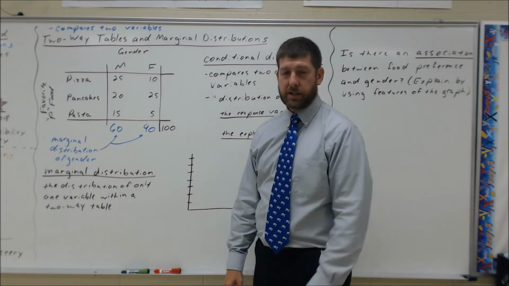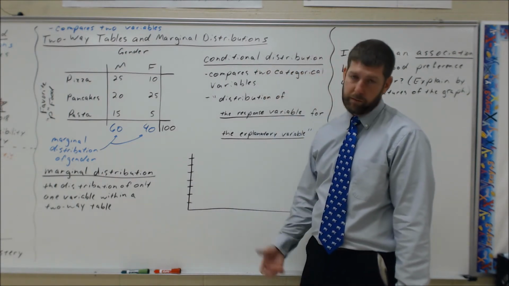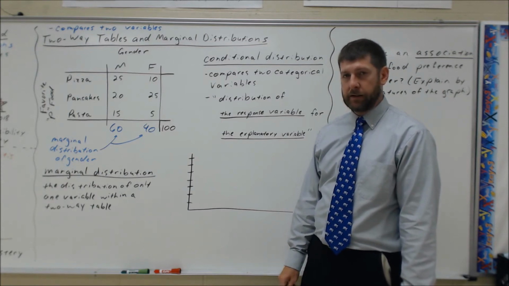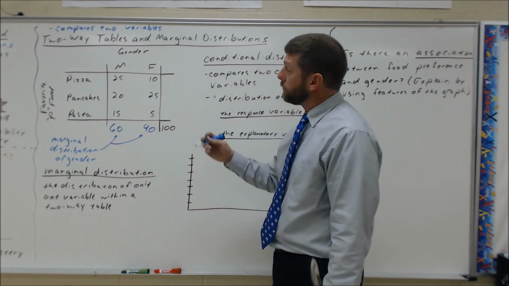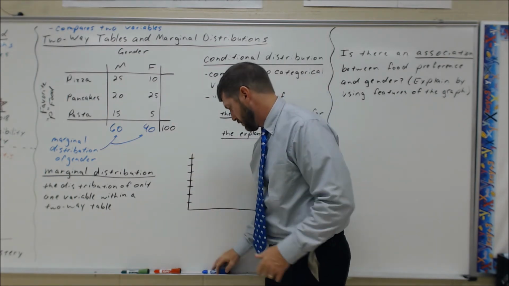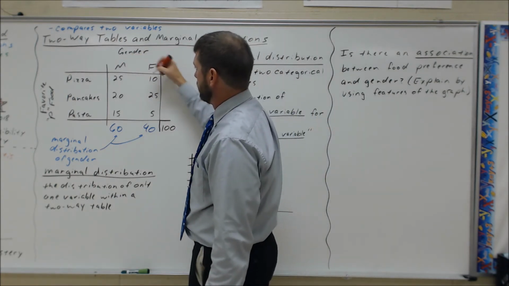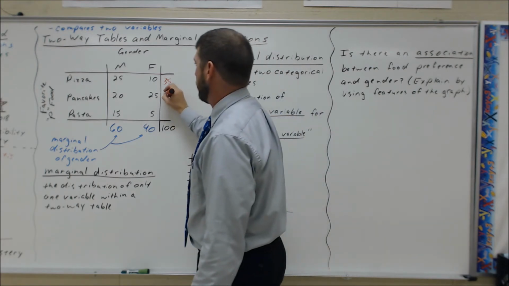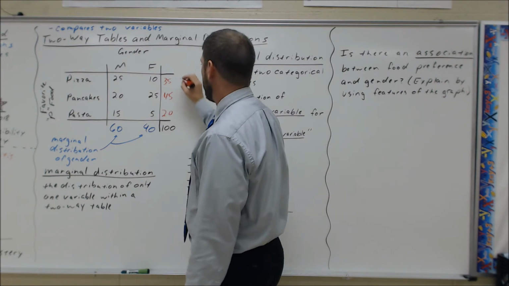All right, I want you guys to take a second and tell me if you can figure out the marginal distribution of favorite P food. The marginal distribution of favorite P food is really just our subtotals for our P foods. We had 35 students like pizza, 45 like pancakes, and 20 like pasta.